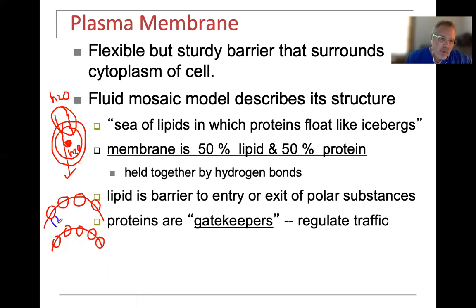And I'm making one lipid straight and then the other one bent. Straight and bent. And they're going to be on both sides, coming off of the phosphate, straight and bent. So the reason why I'm making one straight is because it's saturated and the other one bent is unsaturated.